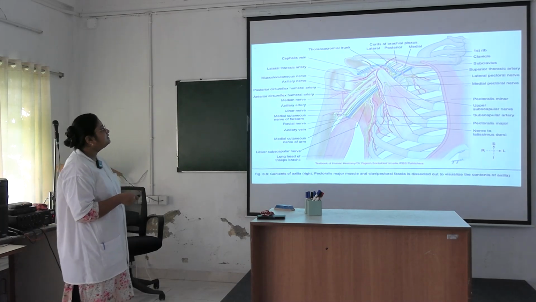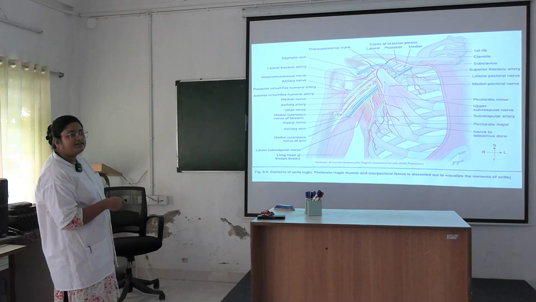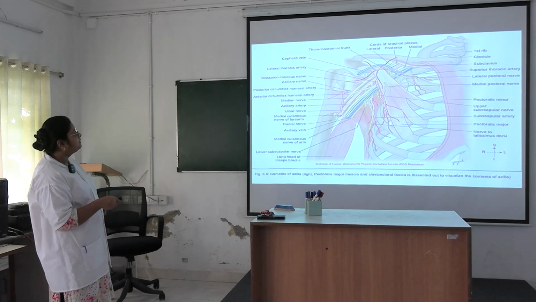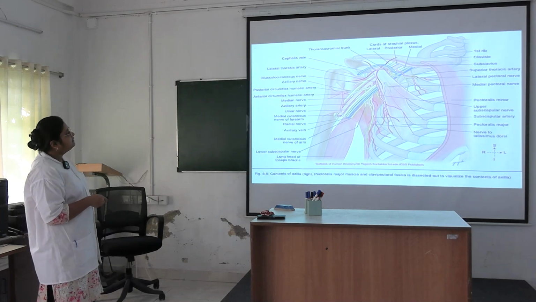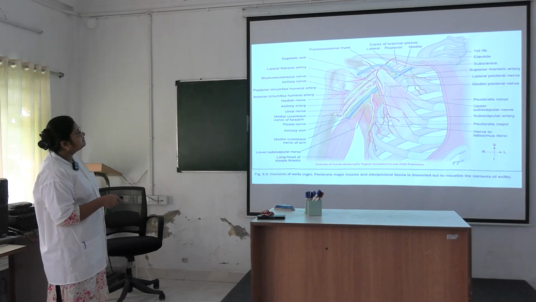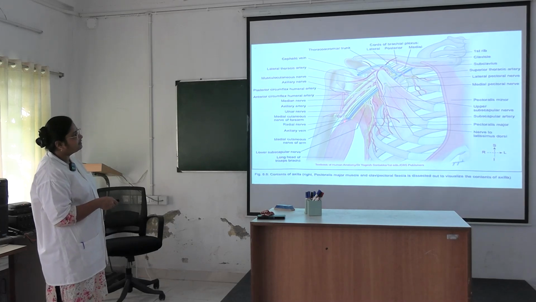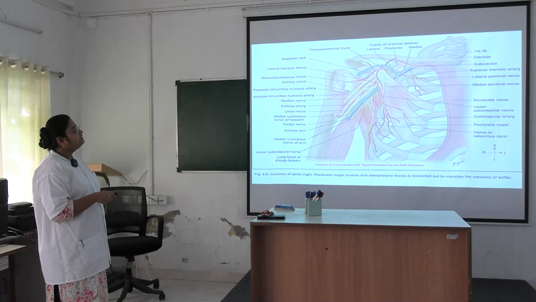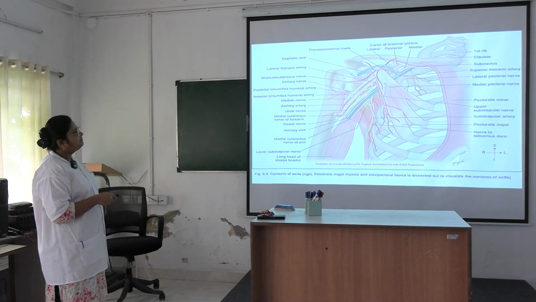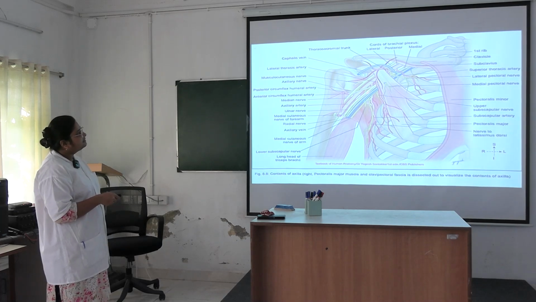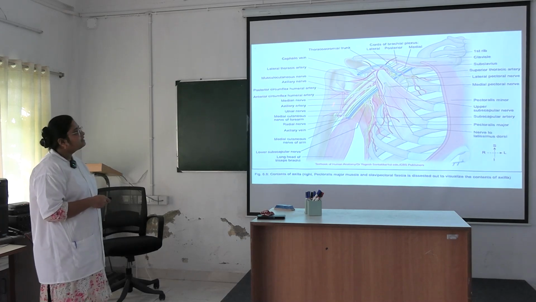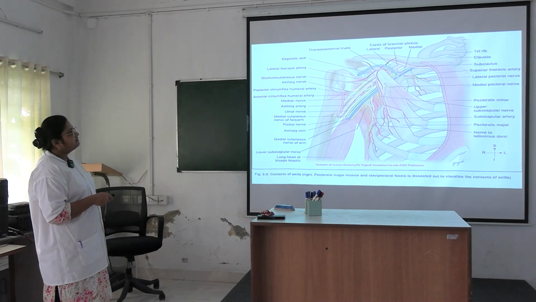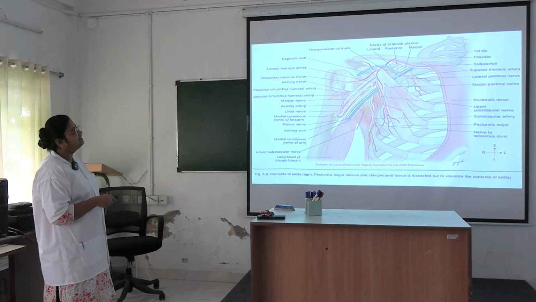In between the artery and the vein, in a superficial plane, lies the medial cutaneous nerve of the forearm, this slender branch. And in between the artery and vein at a deeper plane lies this thick nerve, the ulnar nerve. Here you can see this is the medial root, this is the lateral root.